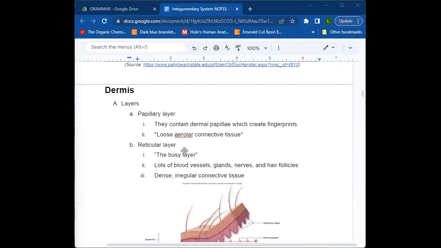Okay, now let's take a look at the dermis. So we need to know that the dermis has two different layers to it. It has a papillary layer and then a reticular layer. The papillary layer gets its name from what are called dermal papillae.